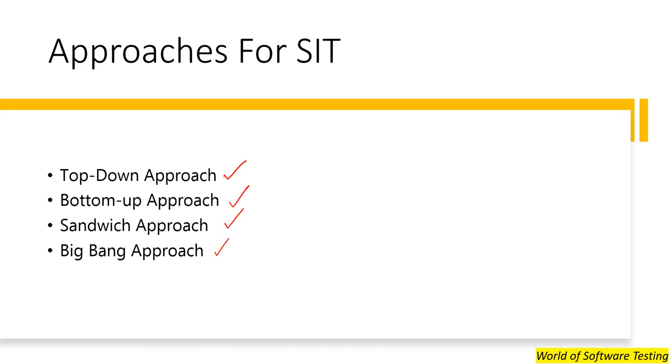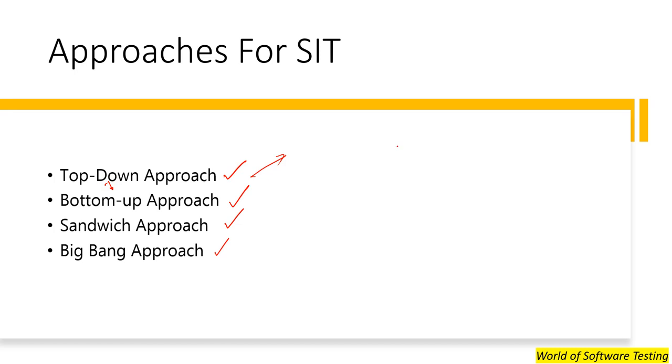Let's say in the top-down approach, top-down integration testing is also called the top-down approach, and it is the opposite of the bottom-up approach. These two are basically the opposite of each other, and it involves testing the top level modules first, that is the main modules first, and then gradually progressing incrementally to the lower level.